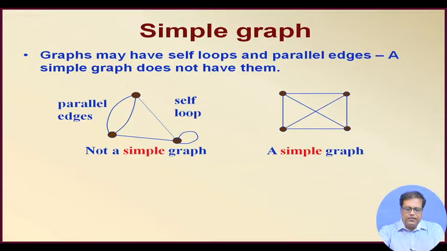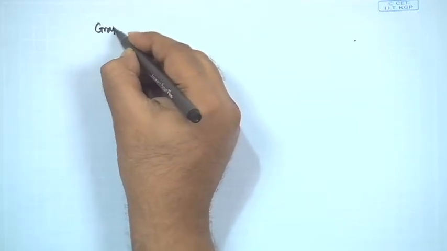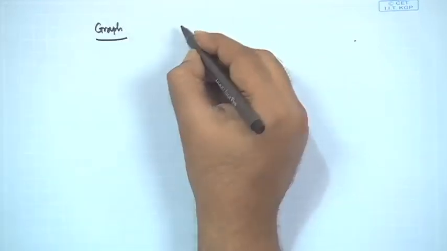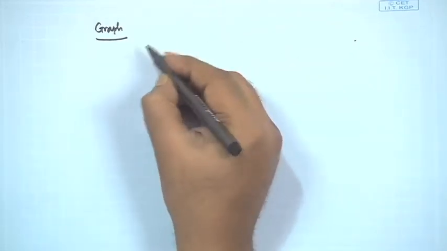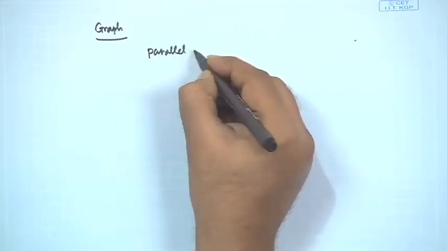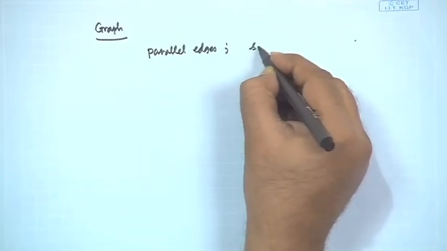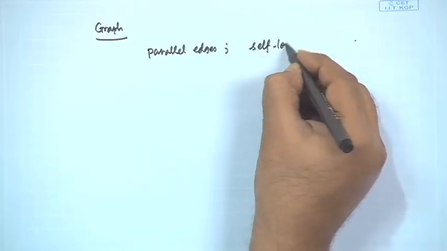Now, once we have said what a graph is, the next point that comes is what a simple graph is. When we talk about the graph, the graph is vertices and edges that we have already seen, but there could be additional things like parallel edges and self loops.